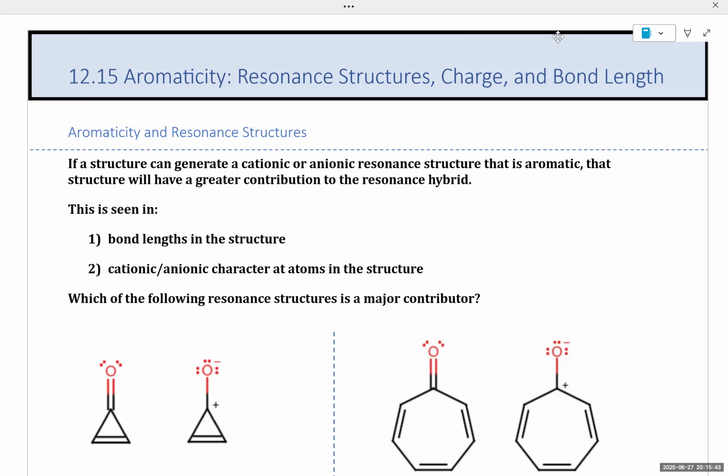In other words, if a structure can generate a cationic or anionic resonance structure that is aromatic, that structure will have a greater contribution to the resonance hybrid.